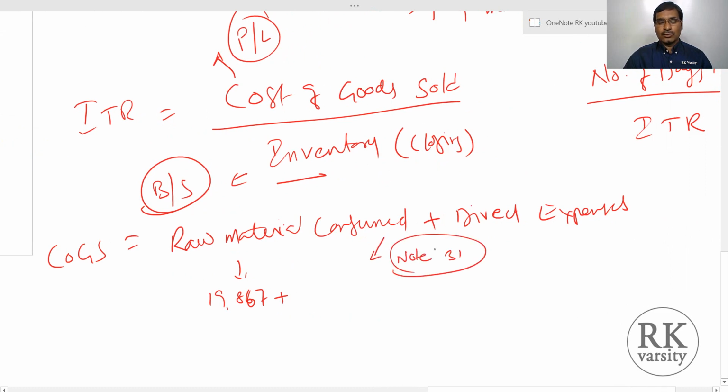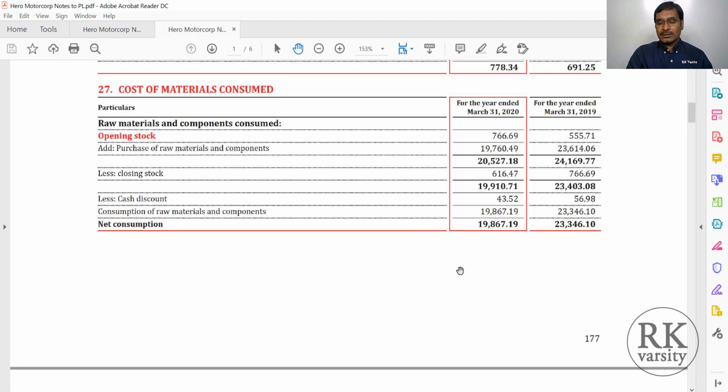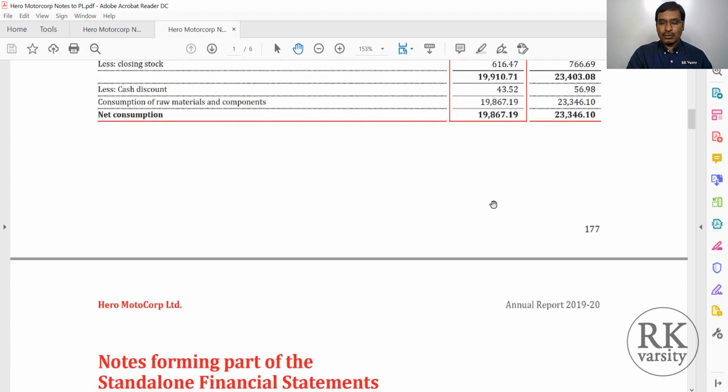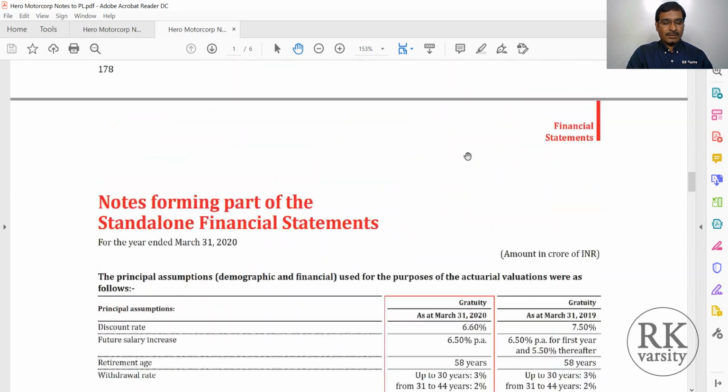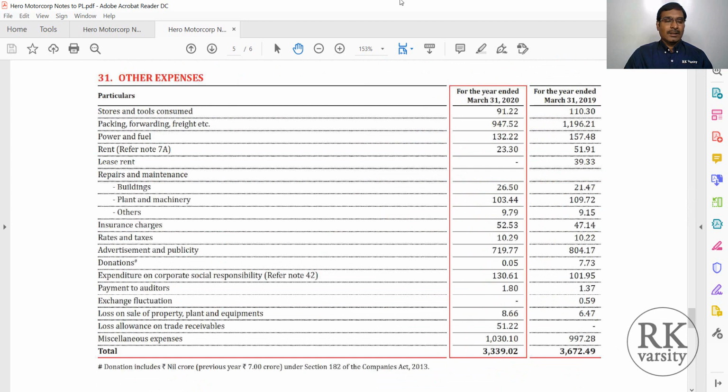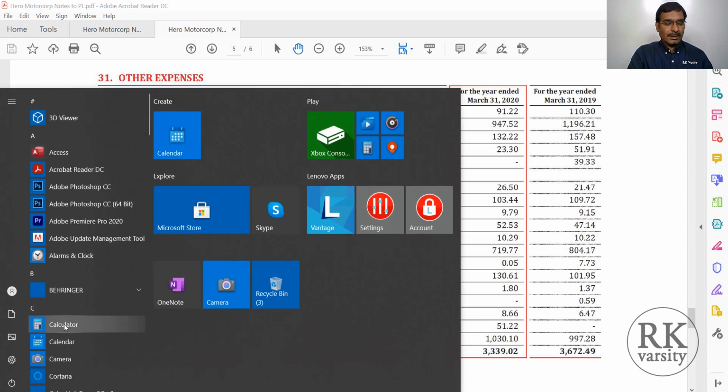So we will go to the notes. Here is the raw material consumed, that is 19,867 crore. We wrote that number. Then your expenses. So we are saying that direct expenses are in note 31. So here stores and tools consumed. What we do is calculate the amount directly here.